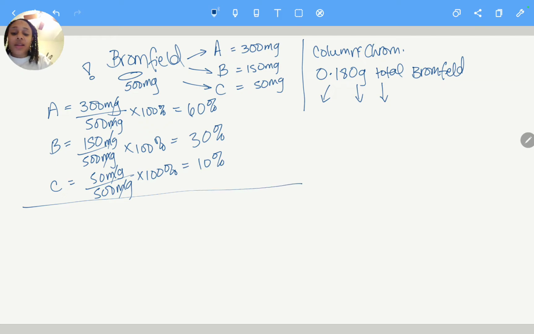So let me give you an example. In 1 tablet of Excedrin, all right, so you're going to apply this to 1 tablet of Excedrin.